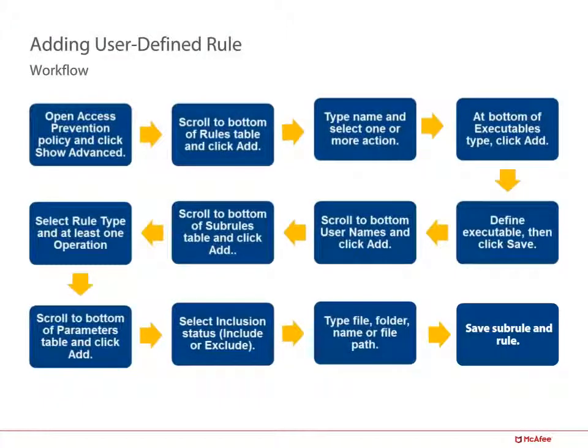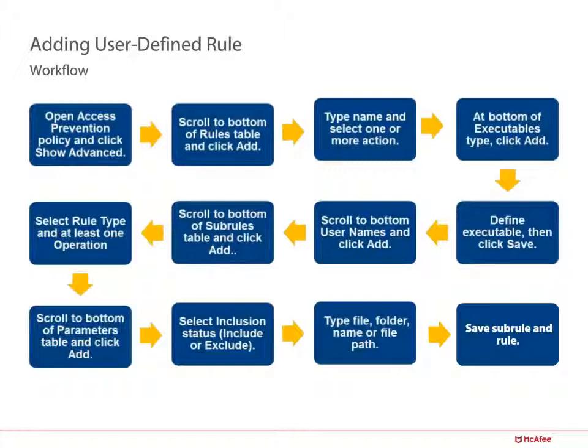The workflow of adding a user-defined rule follows where we open up the policy, we click Show Advanced, scroll down to the Rules selection, then you select your rule and you select Edit. On the actions, you'll select Block, Report, or Block and Report. Then I can select the other actions on the main policy page.